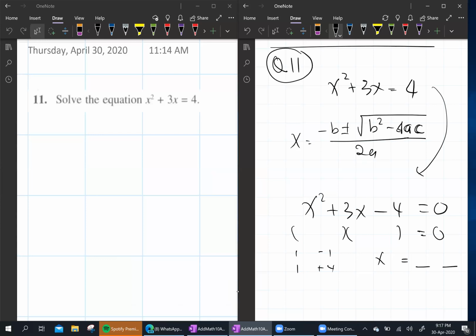So my answer here is x equals to -4 and x equals to 1. Okay, -4 and 1.